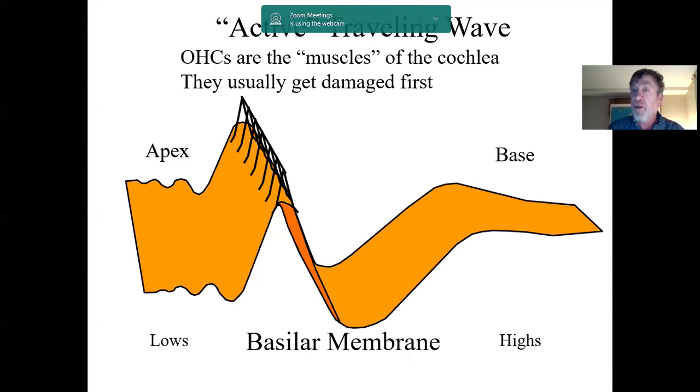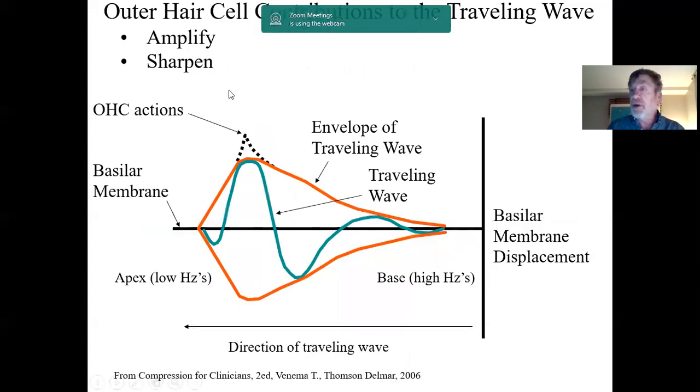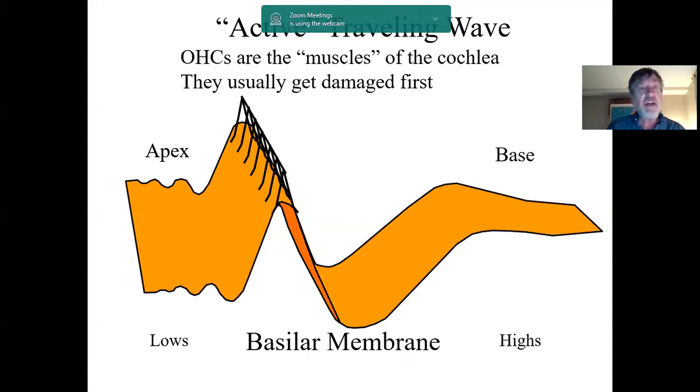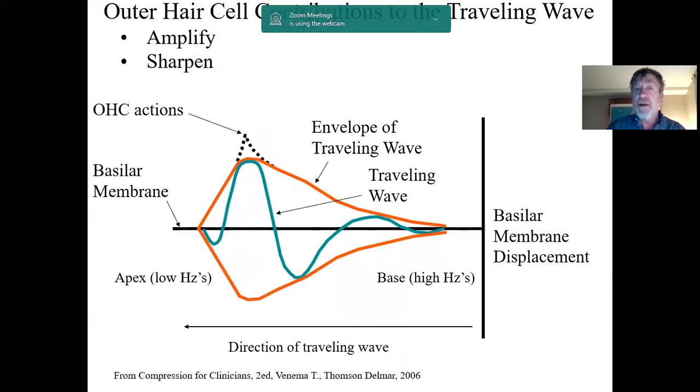Background noise. Even people with normal hearing have problems hearing in background noise, but people with hearing loss really do. They have more of a problem than normal hearing people do. And hearing aids cannot sharpen a traveling wave. Hearing aids can't do this. They can never bring that back. It's very important to realize that.